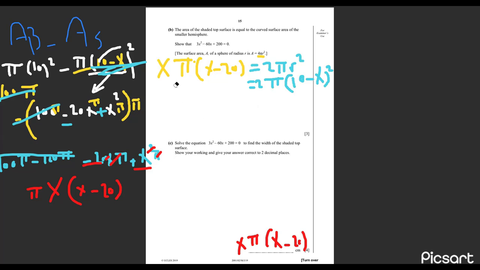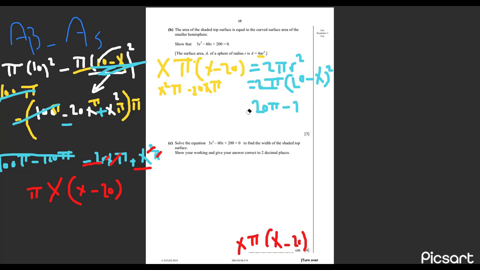Now we expand. On the left we have x squared pi minus 20x pi. On the right side, 2 pi multiplied by the bracket.